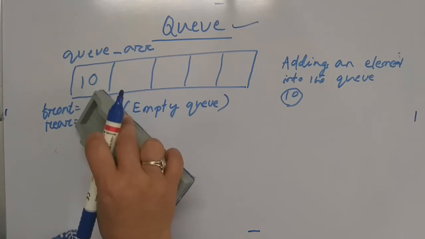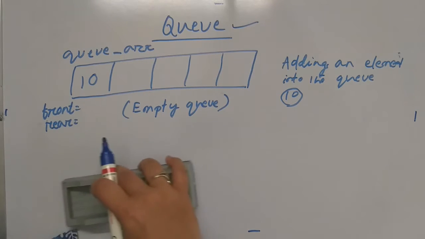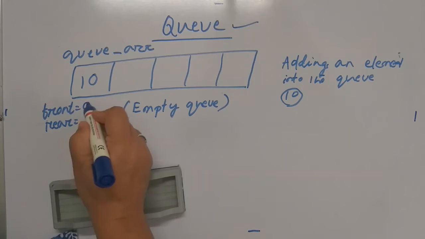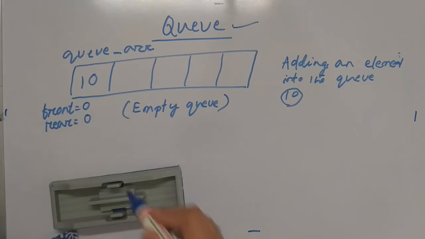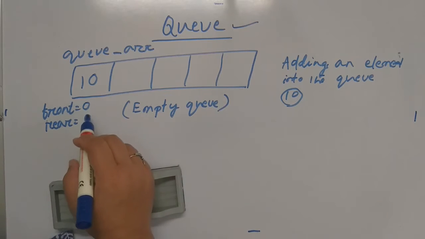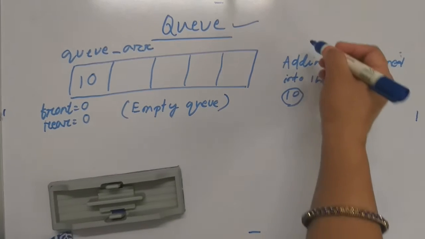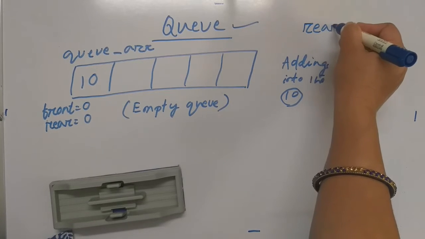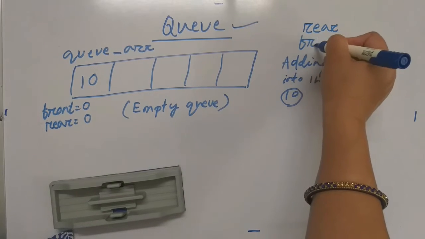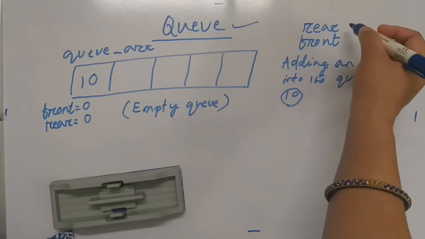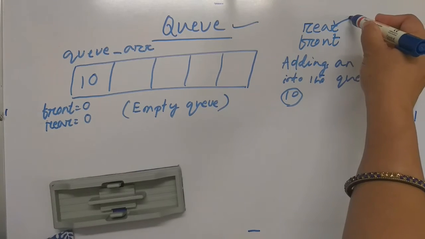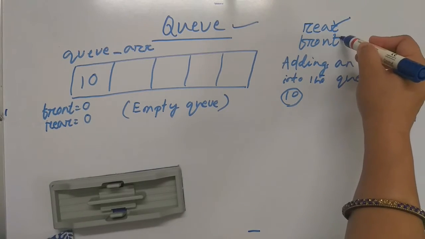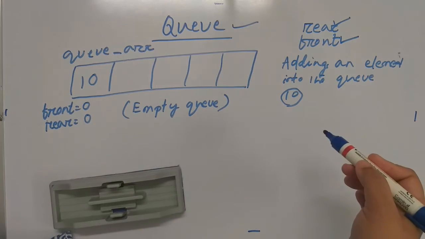After entering the value, the front value changes to 0 and the rear value also changes from -1 to 0. Both values become 0, 0. We know that we enter any element at the rear end and delete any element at the front end. That means whenever we enter any element, the rear value is incremented, and whenever we delete any element, the front value is incremented.